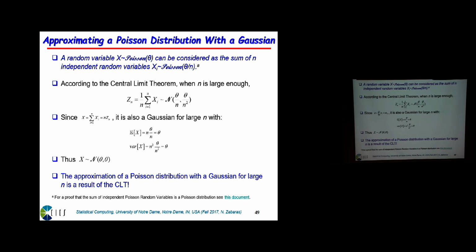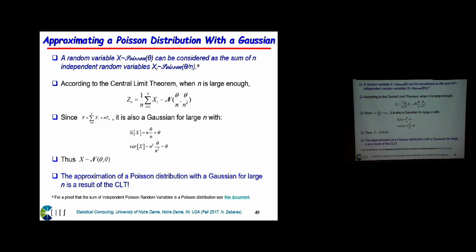I don't prove this, but it's given in this little document. It's basically a few lines of derivation. But you can show again that a Poisson random variable is the sum of n Poisson random variables coming from this distribution where the parameter is theta over n. All right? Theta there, theta over n. So, central limit theorem in action, where you don't think it would be useful.